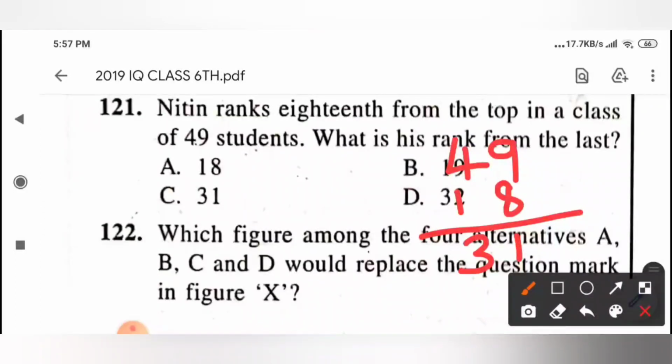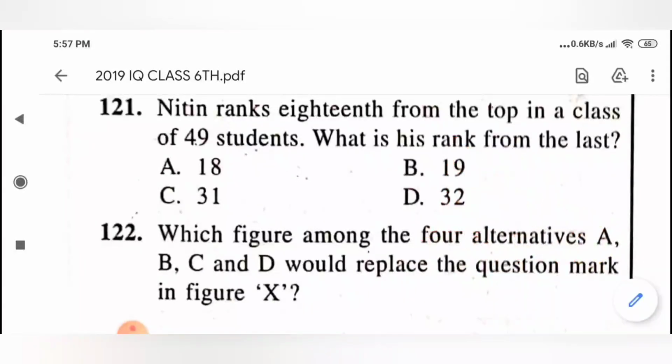And Nitin's rank from last is 31 plus 1, because in 31, Nitin is not present. Nitin is inside this 18, which we have subtracted. So you add Nitin, plus 1. 31 plus 1 is 32. The answer is option D, 32. Nitin's rank from the last is 32.